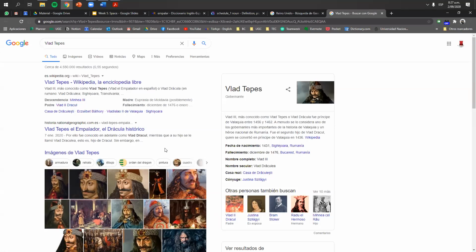So all this narrative tradition of the vampires starts here. We could say that Vlad Tepes inspired the story of the vampires. So this is the real Dracula, different from the one from Bram Stoker.